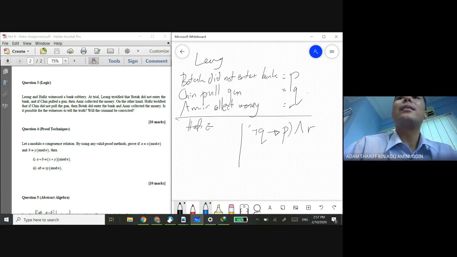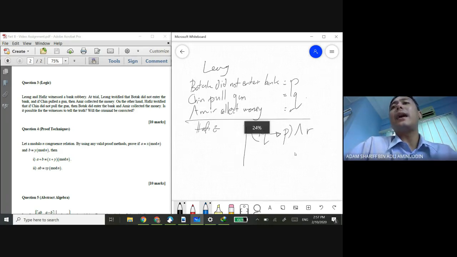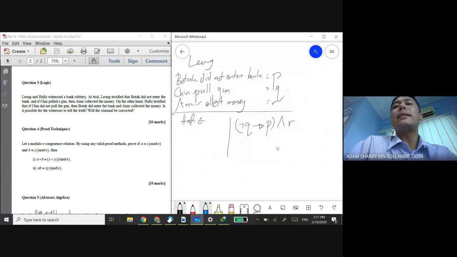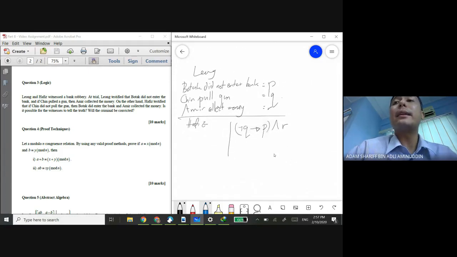Okay. There are two versions of answer that my students gave. There are those who do logical equivalences, and others who use the validity of argument. Both versions I accept as correct. But actually the appropriate way to do this is, I want to test you the skill to transfer.